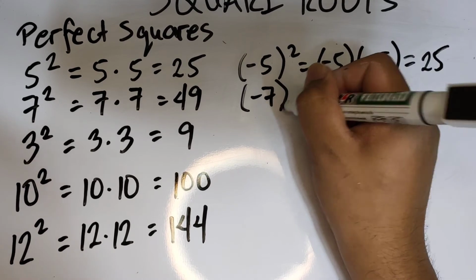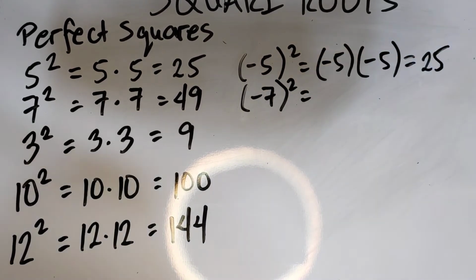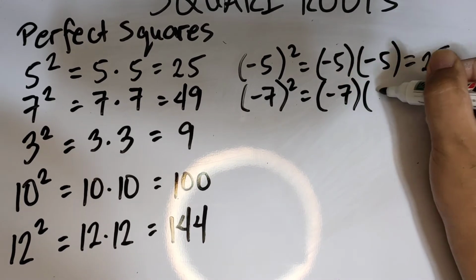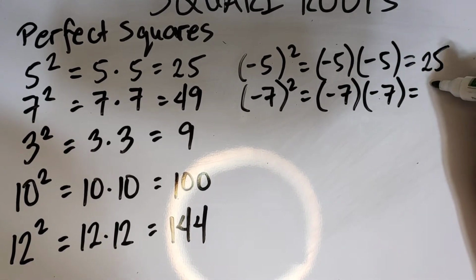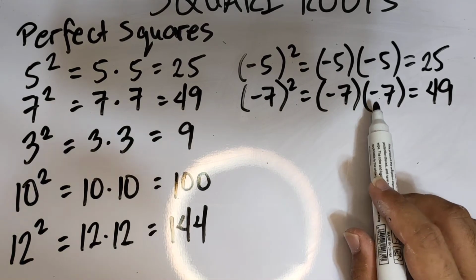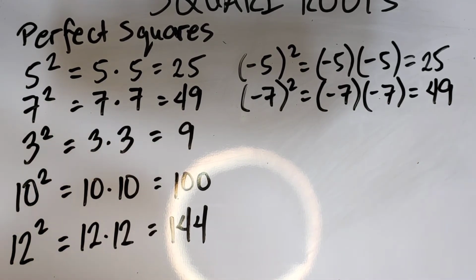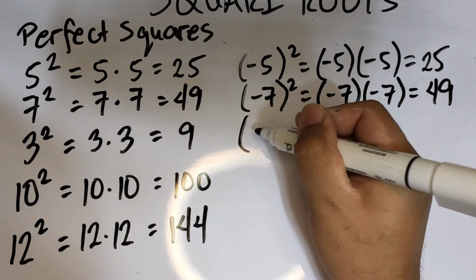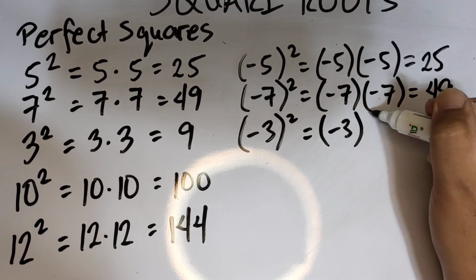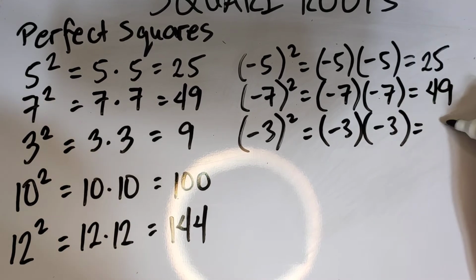How about the square of negative 7? That is equal to negative 7 times negative 7, which is positive 49. Kasi negative times negative is positive, 7 times 7 is 49. And then we have negative 3 square, that is negative 3 times negative 3 equal to 9.